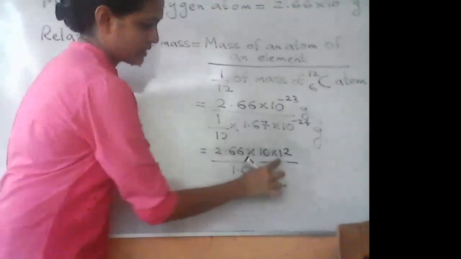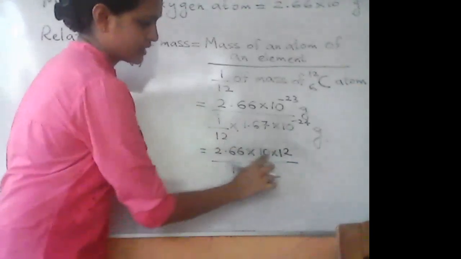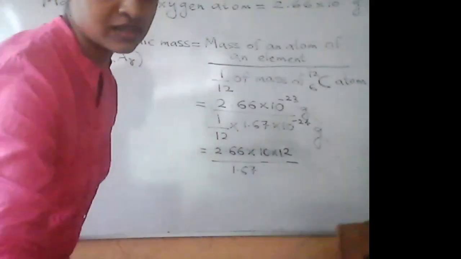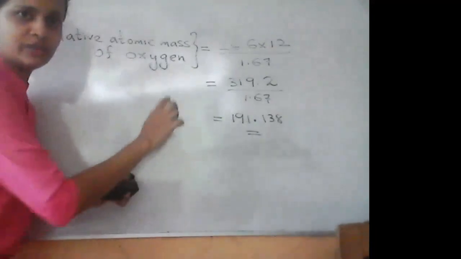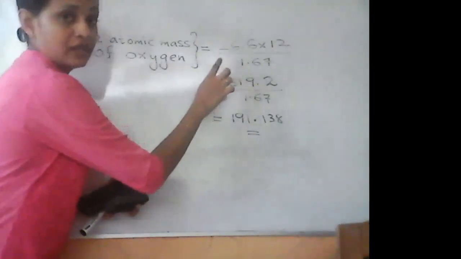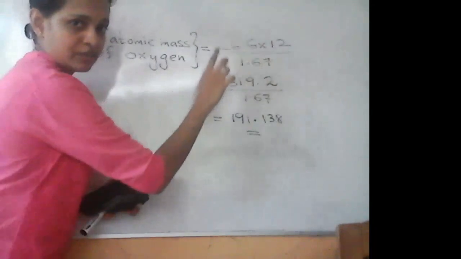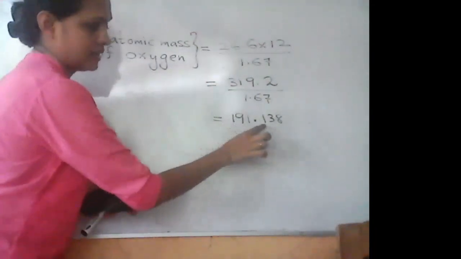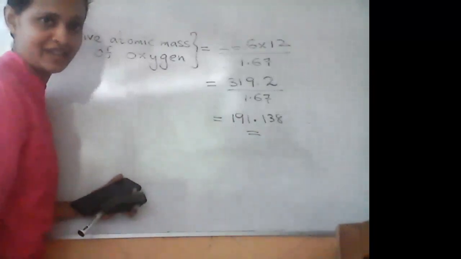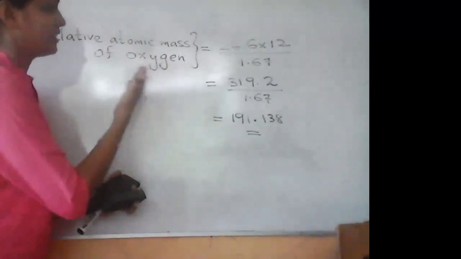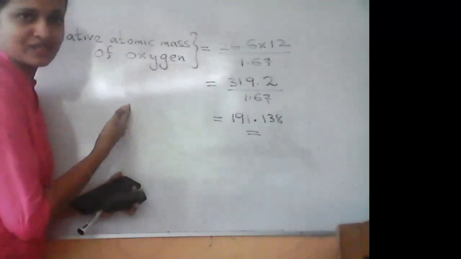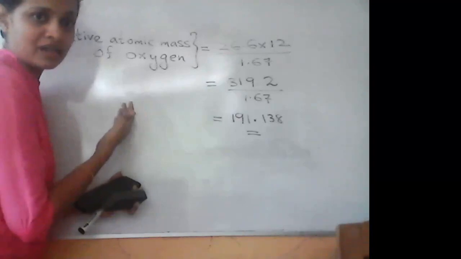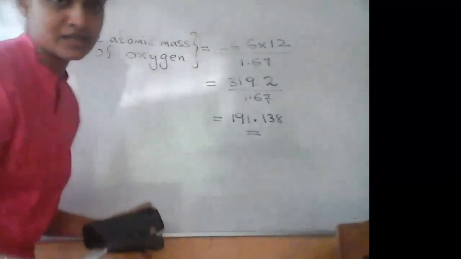Then you can multiply 2.66 by 12 and divide the whole thing by 1.67. After that, you have to do a mathematical calculation. So 26.6 multiplied by 12 divided by 1.67 is equal to 191.138. So this is the relative atomic mass of oxygen. Here we have presented the mass of an oxygen atom relative to the atomic mass unit.